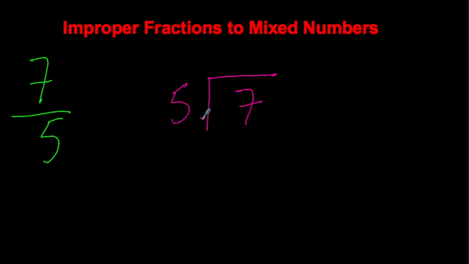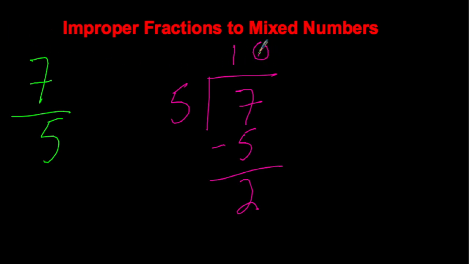Now ask yourself, how many times can 5 go into 7? 1. 1 times 5 is 5. 7 minus 5 is 2. Now once you have this number right here, this number is your quotient.